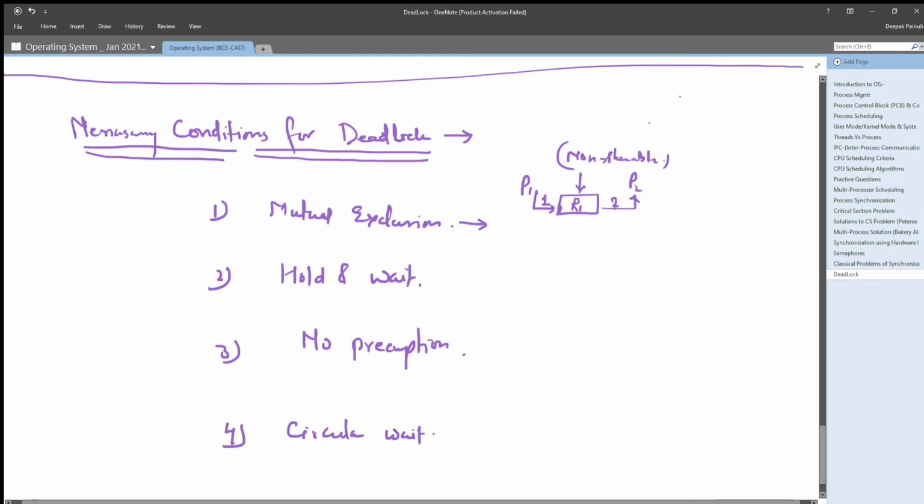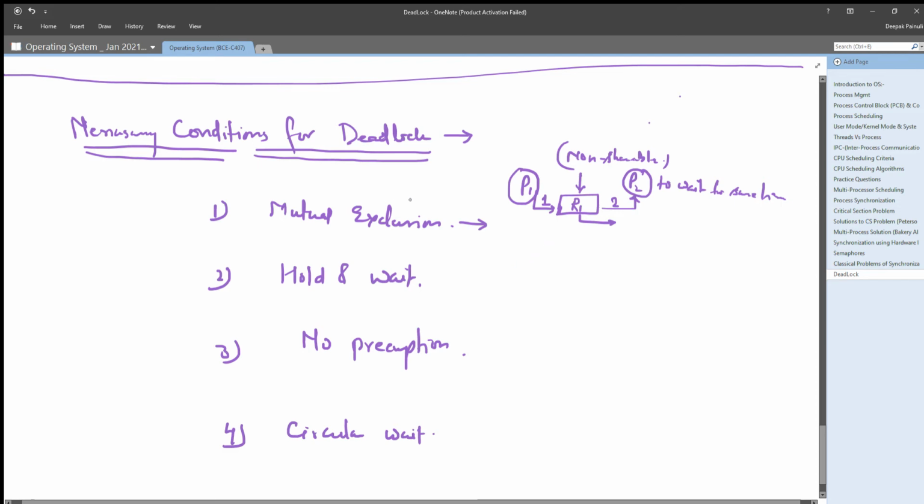So you are making P2 wait for some time until R1 gets freed from process P1. If mutual exclusion is happening in the system, that means some process will wait for the resources, which may or may not lead to deadlock.